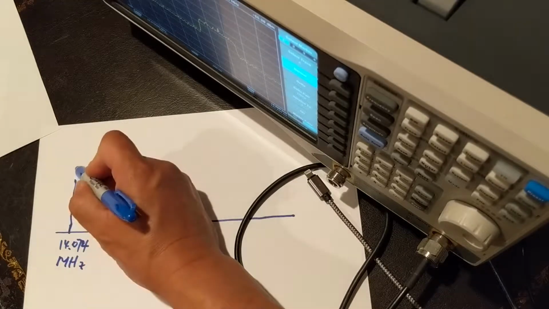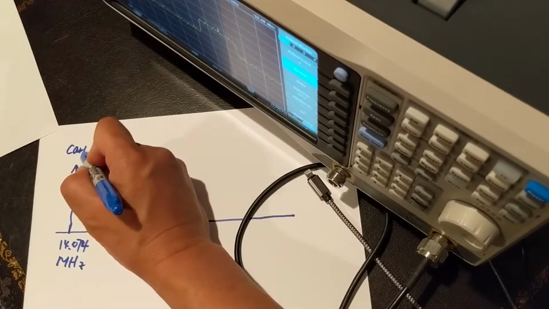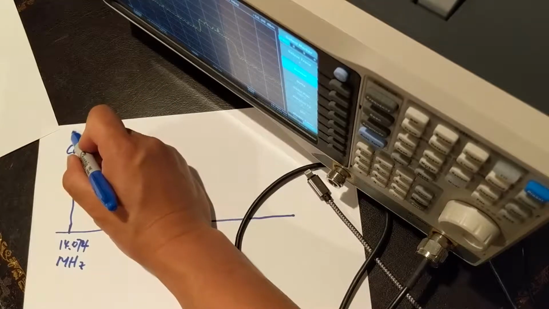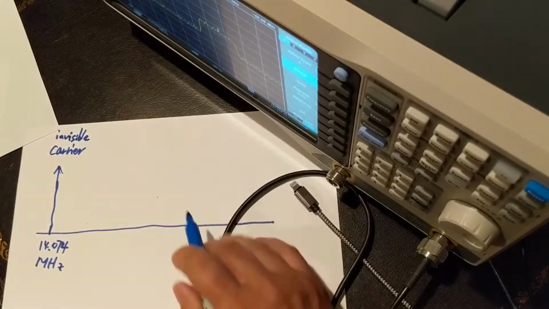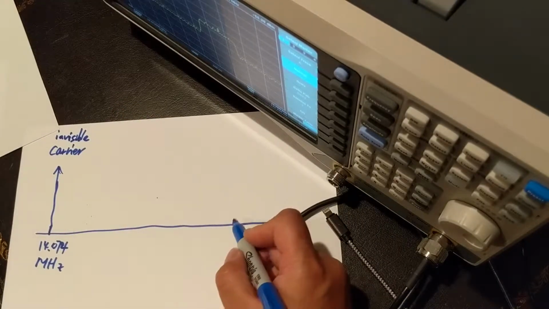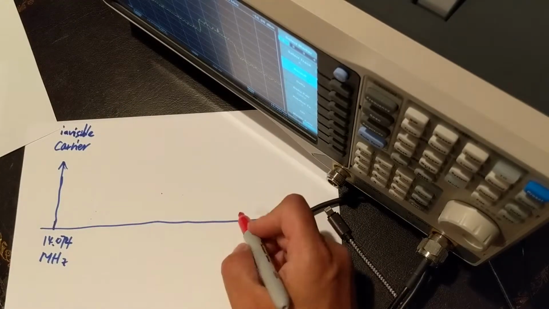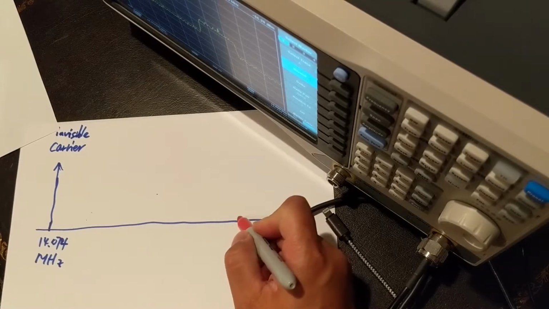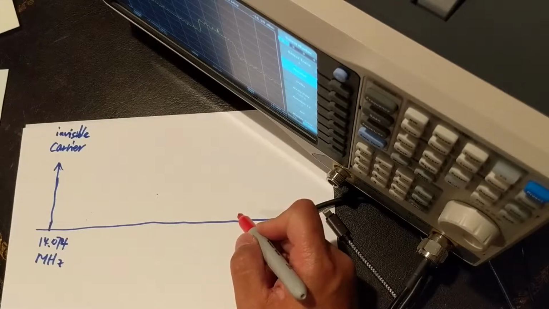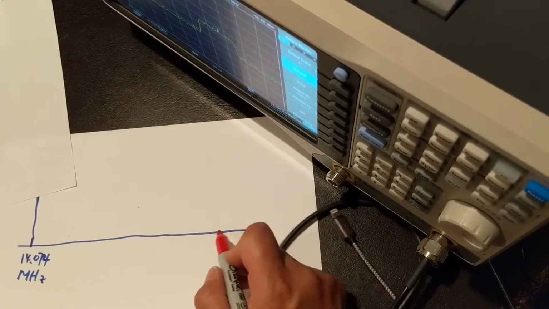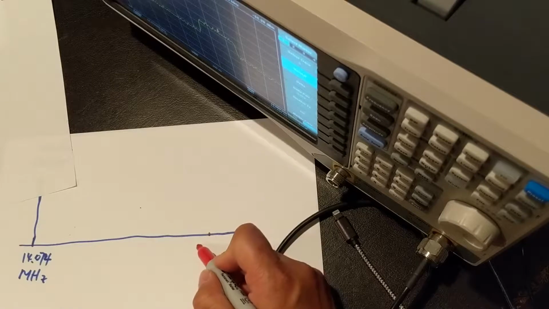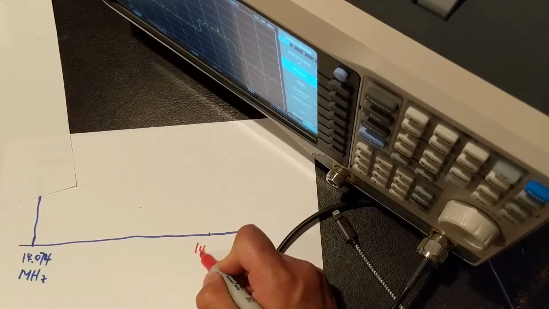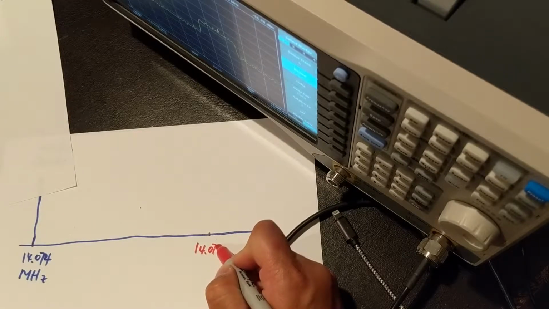This is the carrier frequency. It's USB, so it's invisible. And here is 1000. I have several numbers. I have 1000 here, which is 14.075.